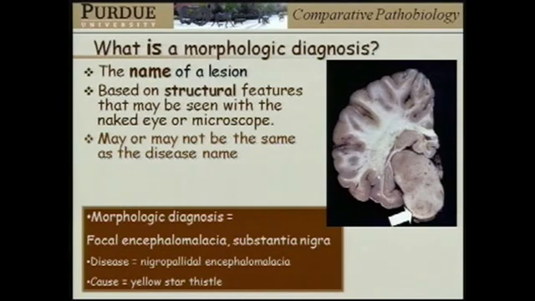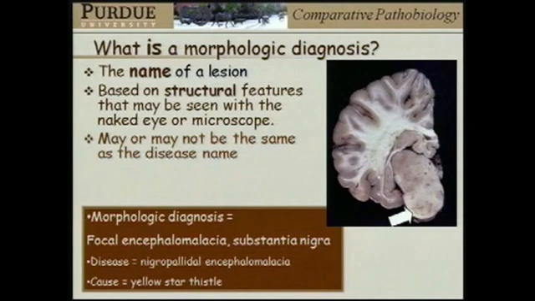Many of you who have seen this disease before will know that if I had cut this same brain and shown you a picture at a more rostral level, you would also have seen focal encephalomalacia in the globus pallidus, and you would have already recognized this disease as nigropallidal encephalomalacia. That is a disease name telling us that it is caused by consumption of yellow star thistle, a plant that grows in the Northwest.